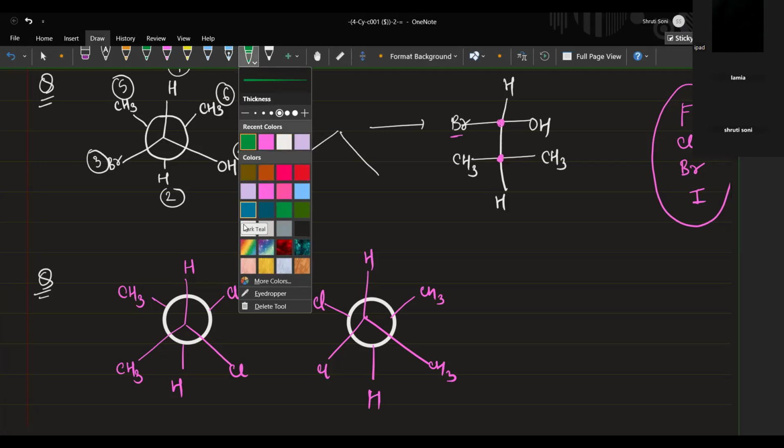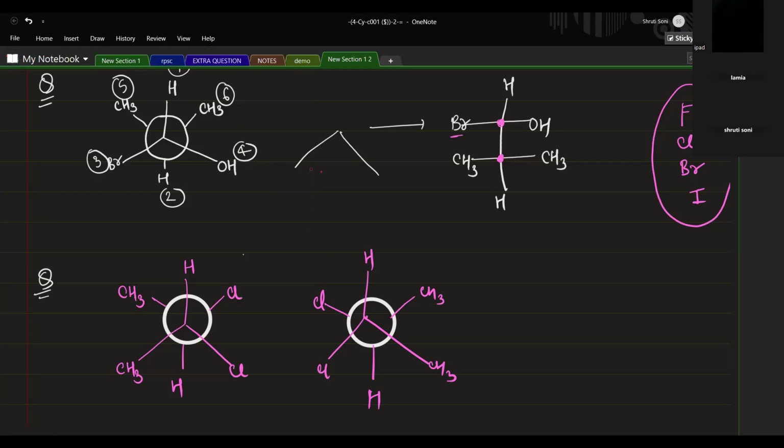Just based off of this, or do you want me to make a Fischer? If you can identify by these Newman projections only, then there is no need to form Fischer.